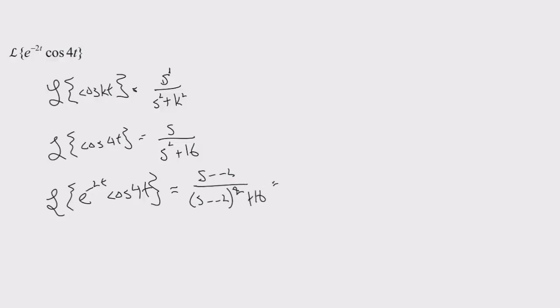So we can kind of clean that up. So that's an s plus 2 in the numerator, and an s plus 2 squared plus 16 in the denominator. And there might be a need to multiply that out, simplify the denominator. I mean, obviously we're going to do more with it, but as far as transformation goes, there we go. We've taken into account what that e to the negative 2 does.